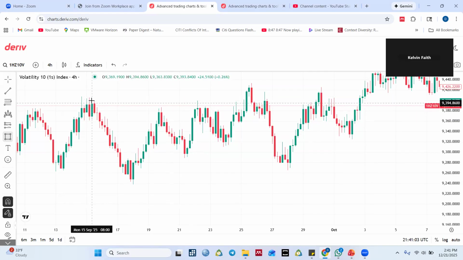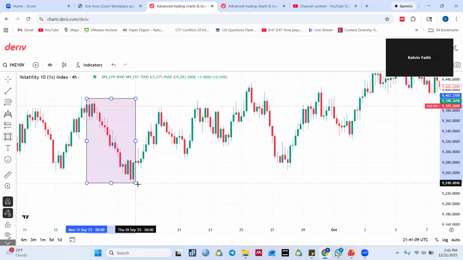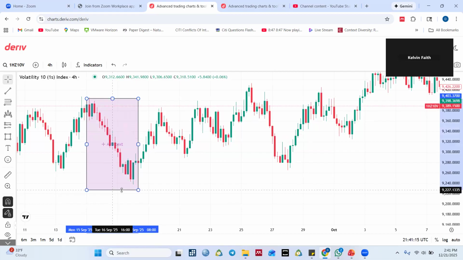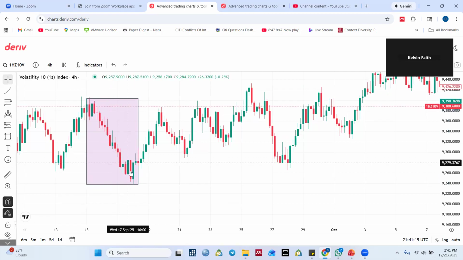You see, price has been dropping from this point to the downside here in this swing. So you see the last bearish candle before the reversal or the move from the upside happened. That is what we call the order block.